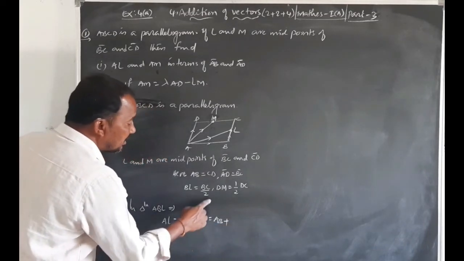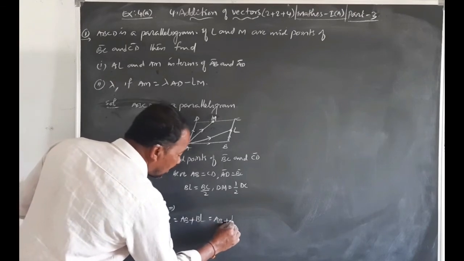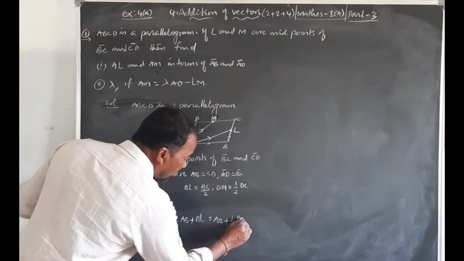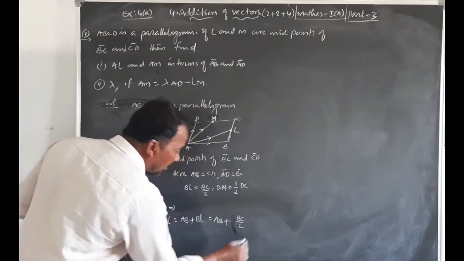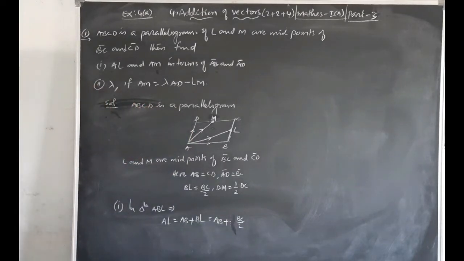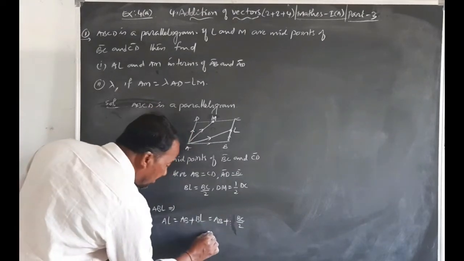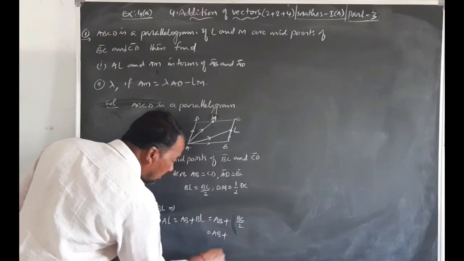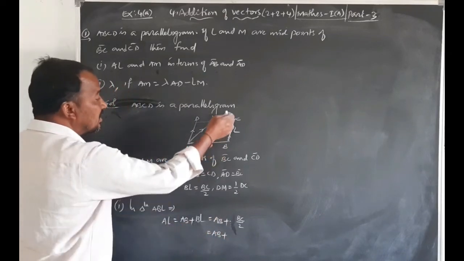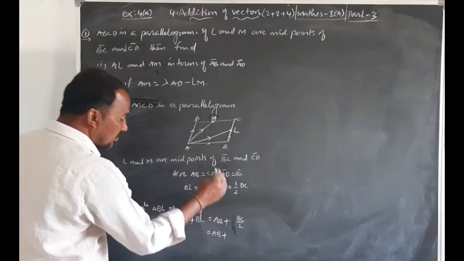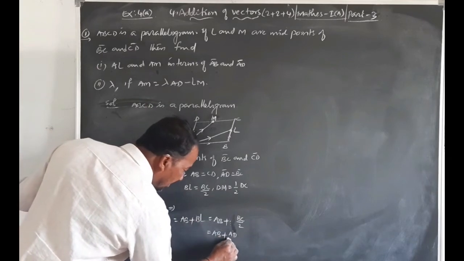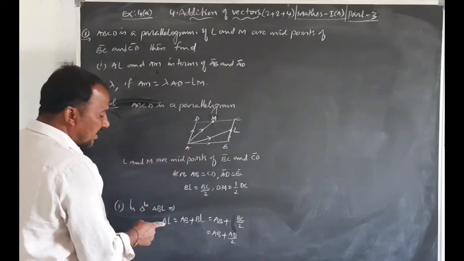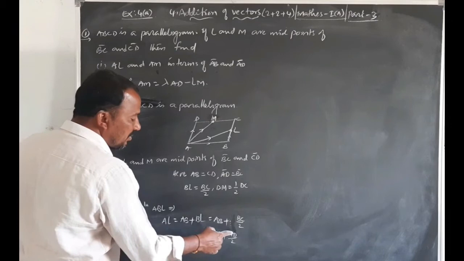BL means half of BC, BC by 2. BC equals AD, so AL equals AB plus AD by 2. AL in terms of AB and AD.